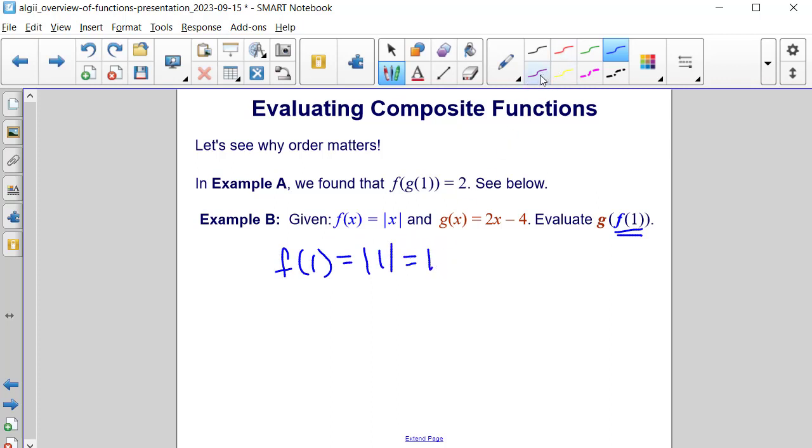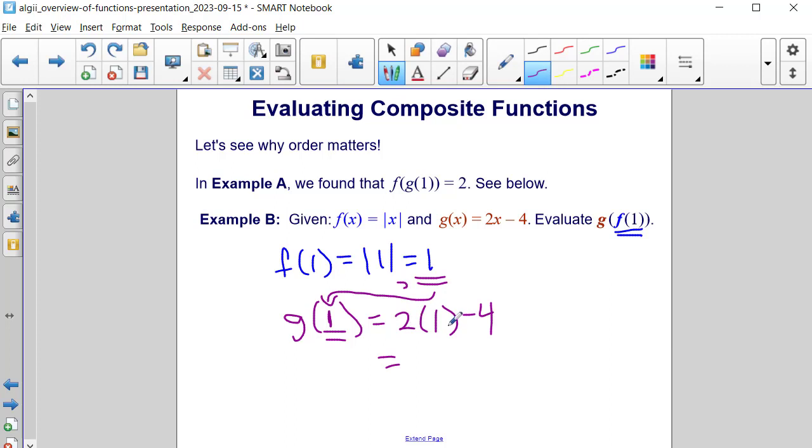And now we can find g of this output value, which becomes the input for g of x. So we're finding g of 1. So that's 2 times 1 minus 4. That's going to be 2 minus 4, which is negative 2.